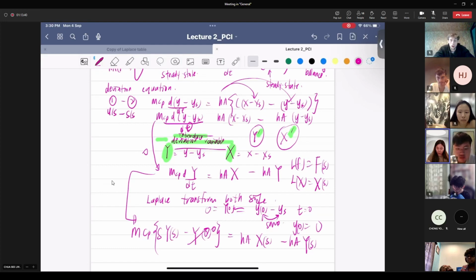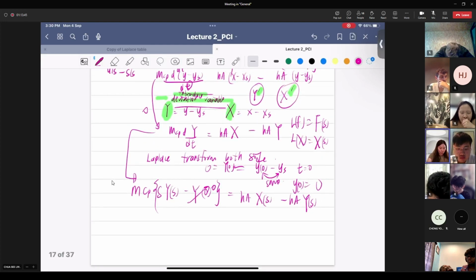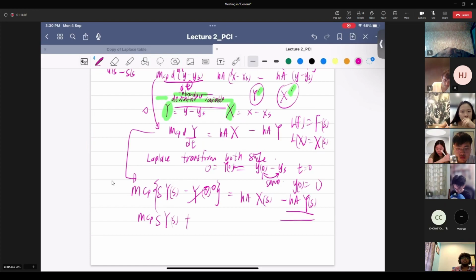Okay, so from here, next, you have to rearrange the equation to have the output at the left-hand side, and the rest of it moved to the right-hand side. So MCP, your output is YS, so I will be moving my output to the left-hand side, HA YS equals to HA XS.